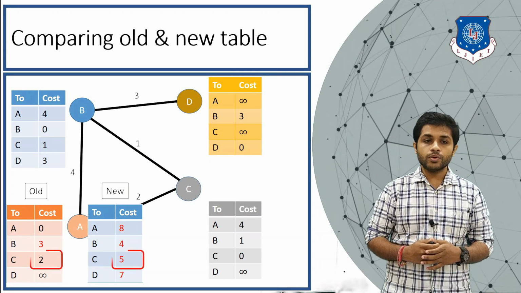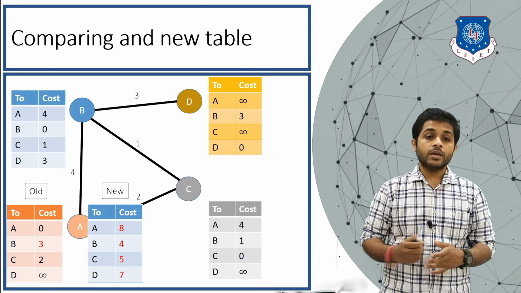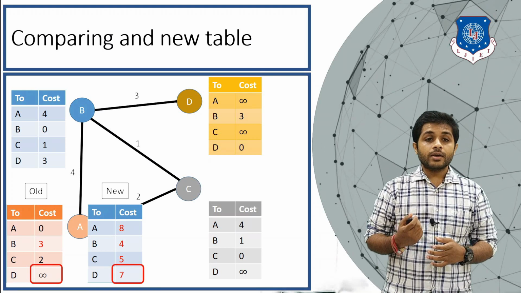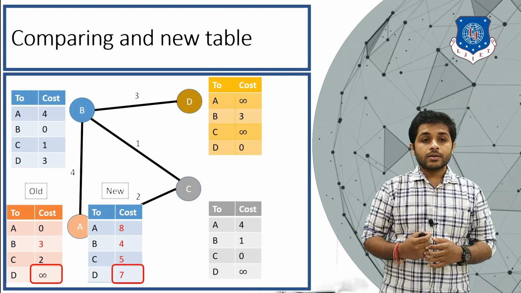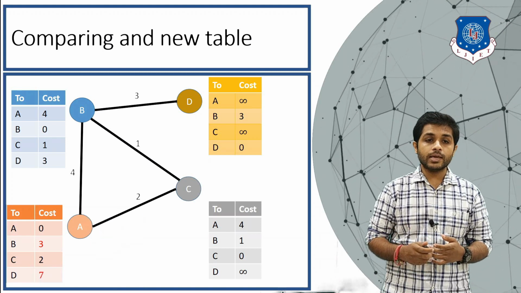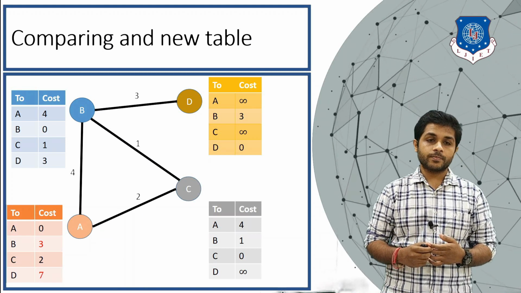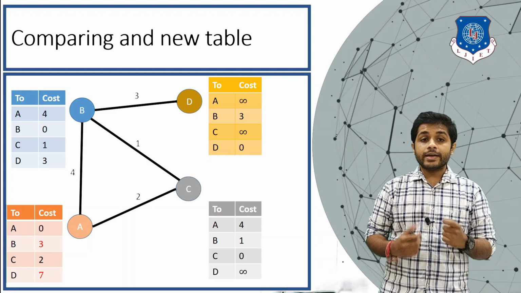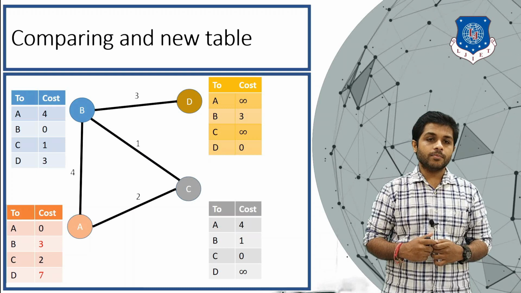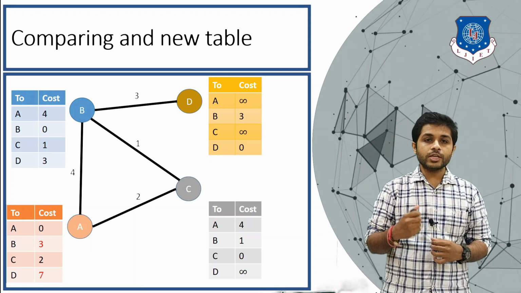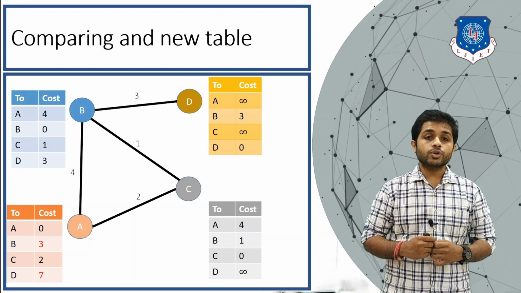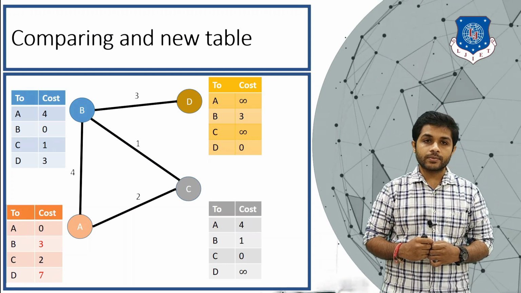That is true for the third entry too, but in the last entry, A's table has an infinite value, but the new table has the value 7, so A will change it to 7. So A has found a new way to reach D, which is via B. So if A wants to reach D, it can reach via B, and the cost to reach D is 7.